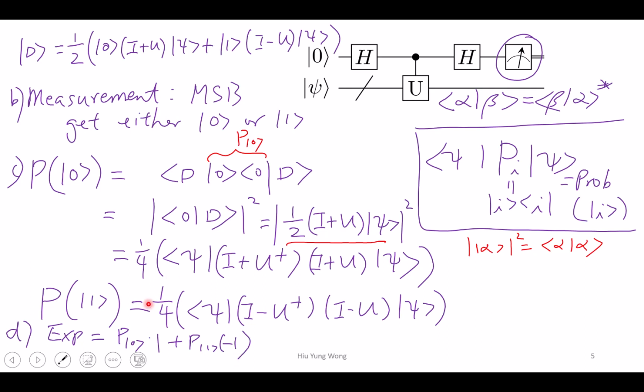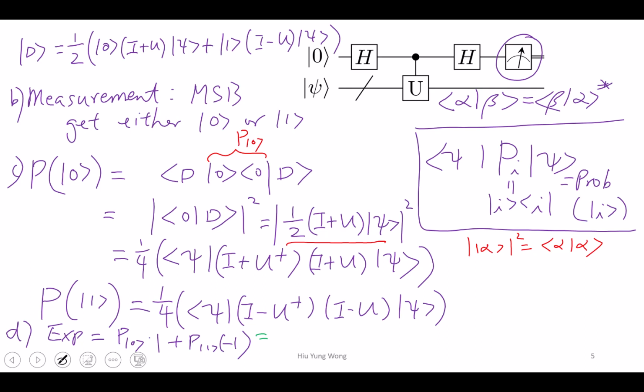For example, you have a 0.2 chance of getting 0, then you will measure 1, and then you may have a 0.8 chance of getting 1, you measure -1, then you will have 0.2 times 1 plus -1 times 0.8, right? That is just the expectation value, okay? Now, but we already calculated the probability on the top, right? So to be clear, I change to another color.